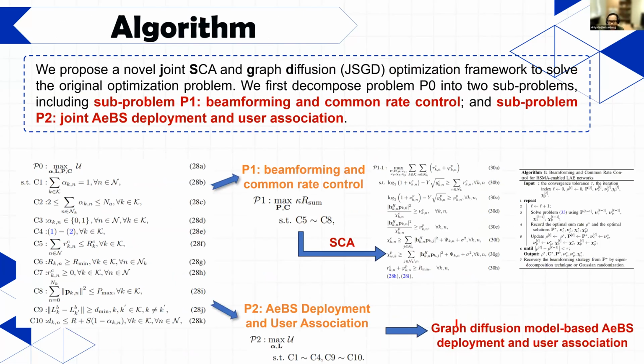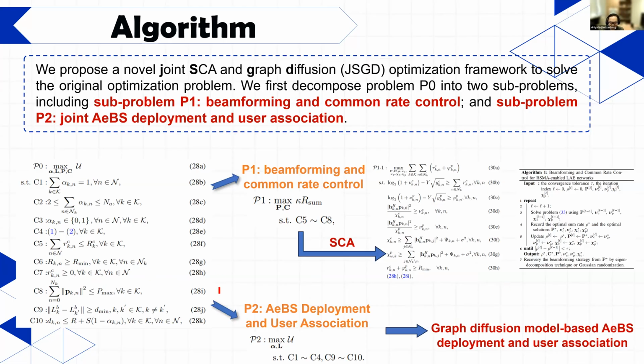Therefore, we propose the joint SCA and graph diffusion optimization that is able to solve the original problem. We first decompose the problem into two subproblems, including the beamforming and common rate control, and the second subproblem is for the joint aerial base station deployment and the user association.